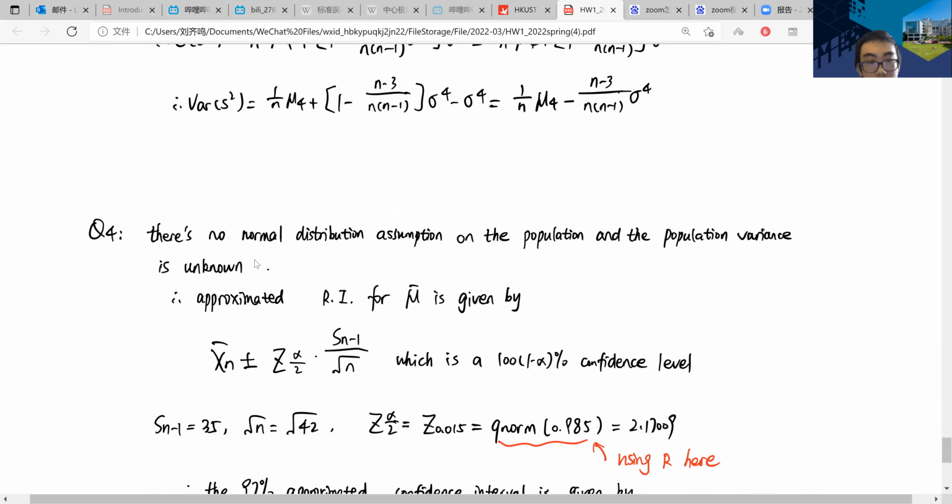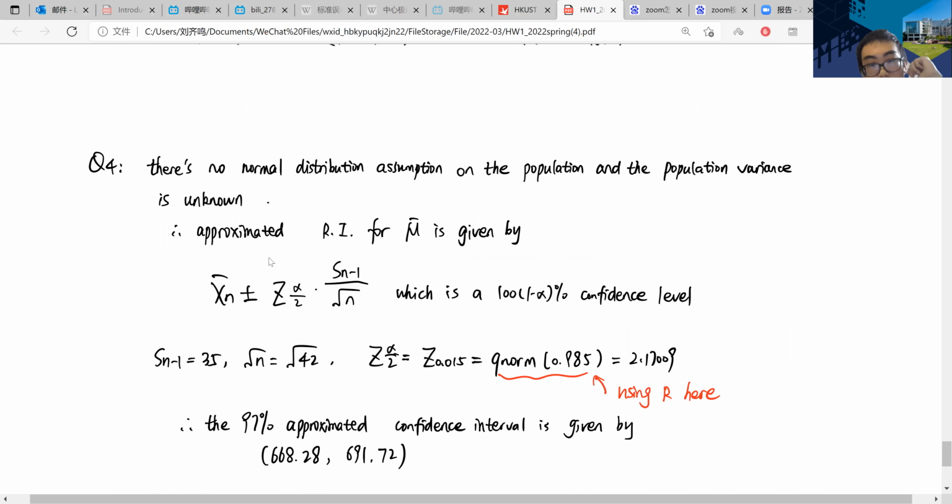And the fourth question is just about the large n case, without the assumption of normal distribution.